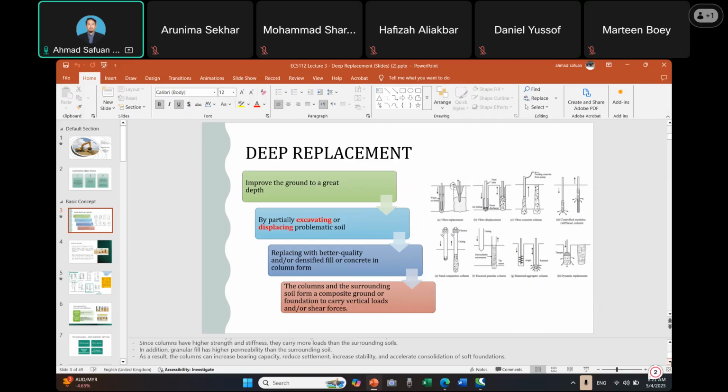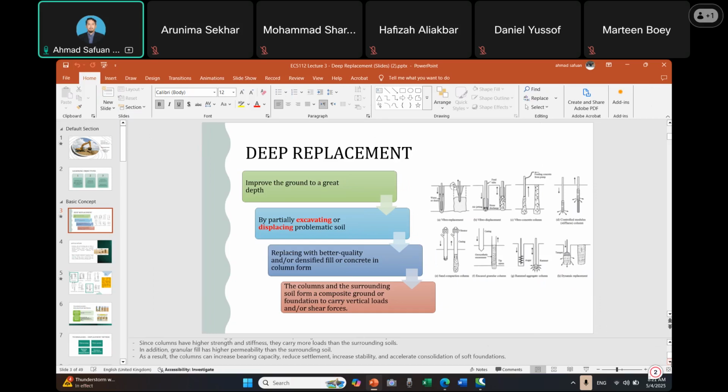For example, to accelerate the process of consolidation, once we have installed this material, we need to use preloading methods. The preloading methods will help to accelerate the consolidation process.